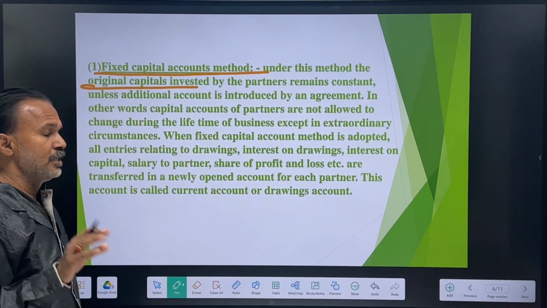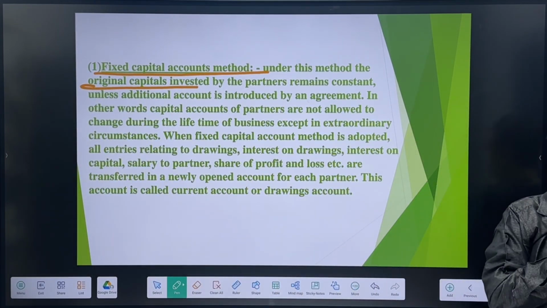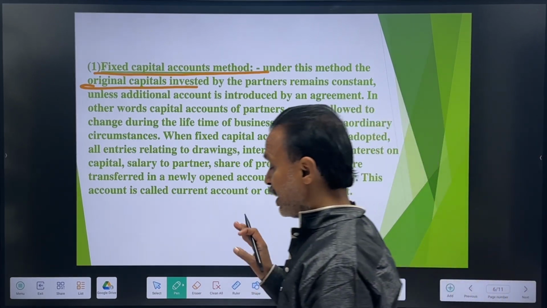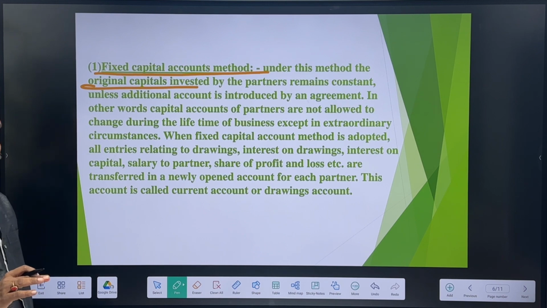In these two cases, the capital account may be changed. Besides this, in the whole life of the firm, the capital account of the partner does not show any fluctuation.